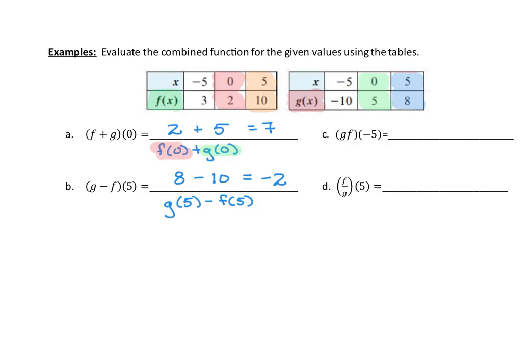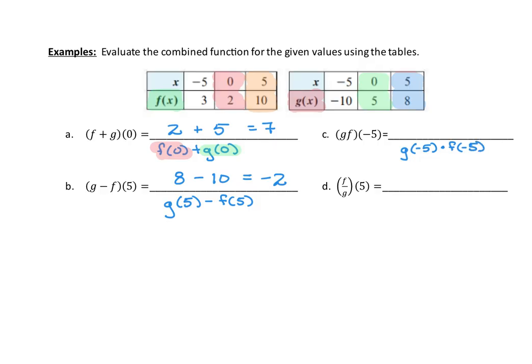All right, for C, we do want to go ahead and plug in and multiply. And so here what we have is g of negative 5 times f of negative 5.